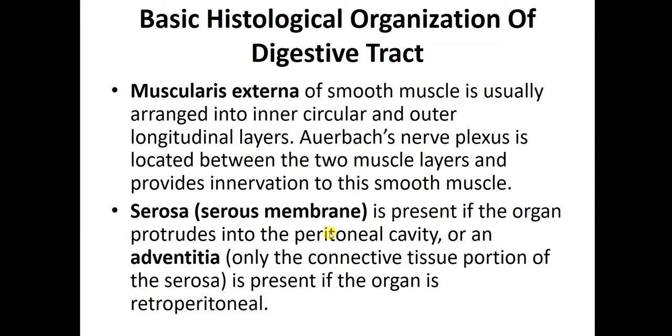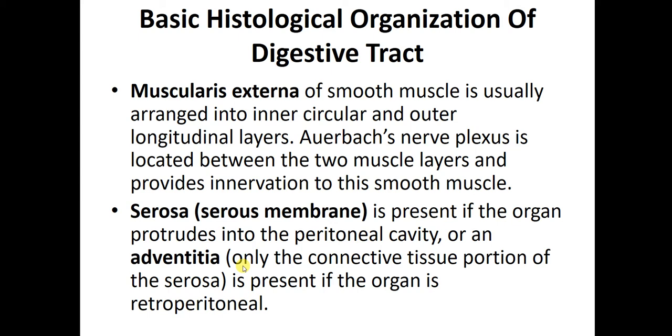In those areas where the digestive tube is not covered with serosa, it is present retroperitoneally, or like the esophagus, it is present in the mediastinum. Instead of serosa we have adventitia. What is adventitia? We already discussed it in the respiratory tract topic.